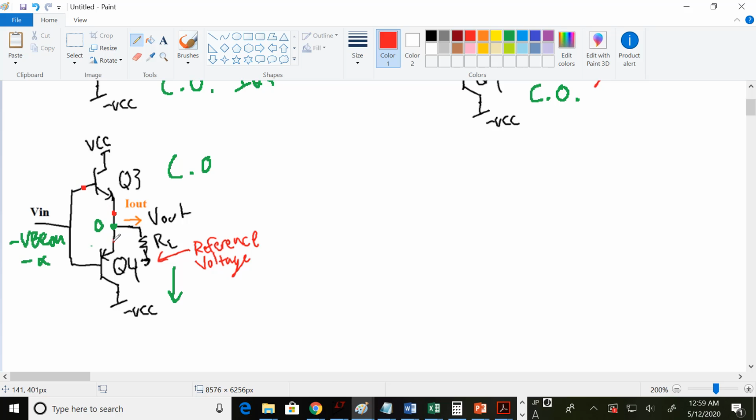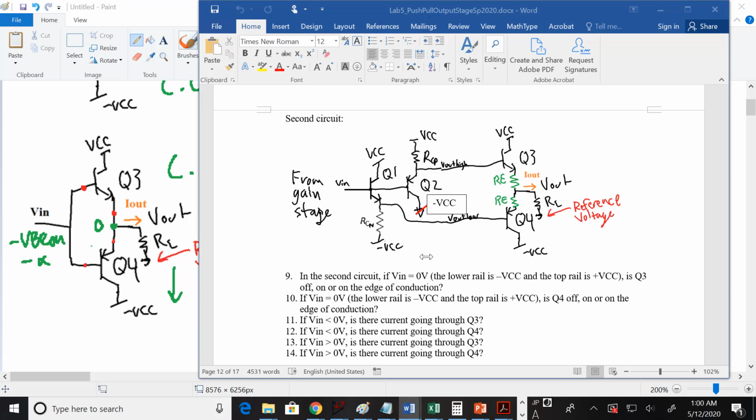And then also here, from this node to here, you need a VBE on to get both of these right on the edge of conduction. This node is the same voltage. So what you do is you drop a VBE on and then you drop a second VBE on. So if you want both of these on the edge of conduction, then you need 2 VBE on between these bases. And this intermediate circuit here generates 2 voltages, and they are 2 VBE on apart.